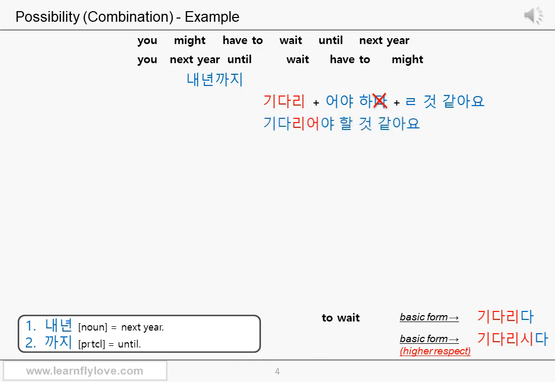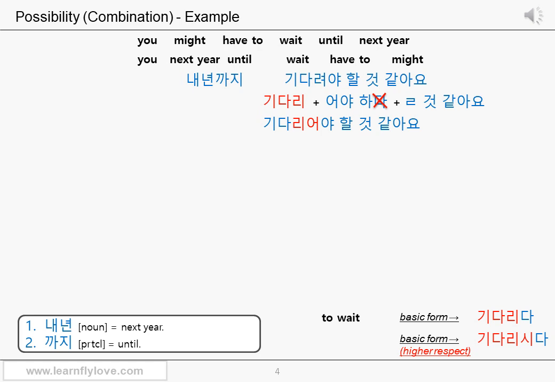기다리어야 할 것 같아요. But you know that the ending 어 and 아 sound normally combine with the formal block when the formal block doesn't have a final consonant. Therefore, 리 and the 어 sound should be combined together. 리 plus 어 sound becomes 리어, 려, the 려 sound with the 여 vowel, right?